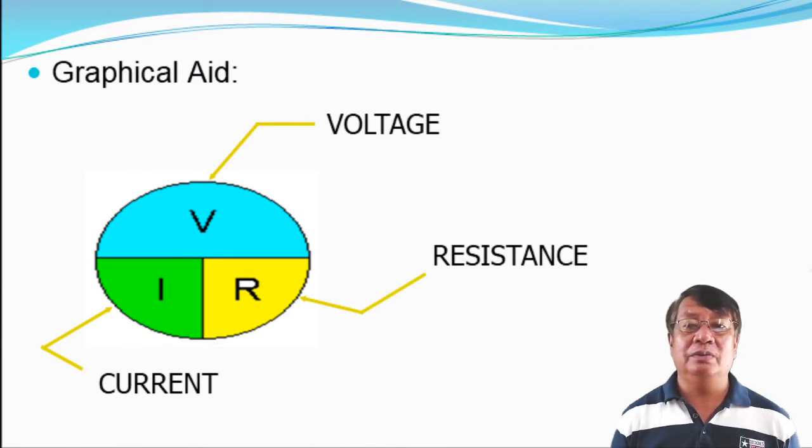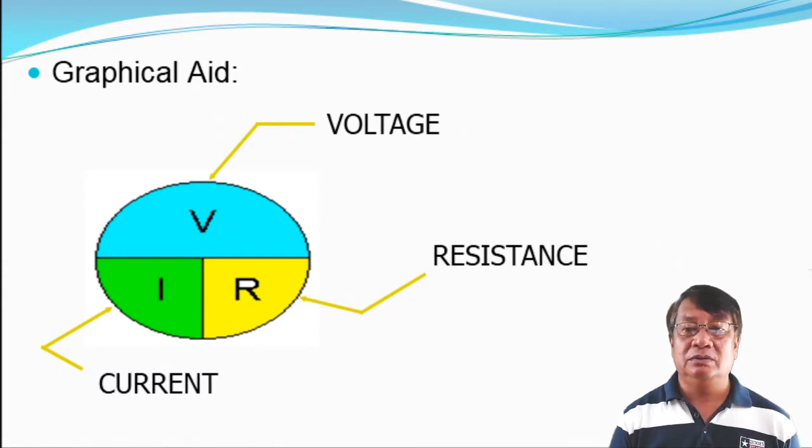This graphical presentation might help us remember Ohm's law. It is represented by a pie. We have the blue part, V, the voltage, the green part, the current I, and the yellow part, R, the resistance. I hope you will be able to familiarize with it.